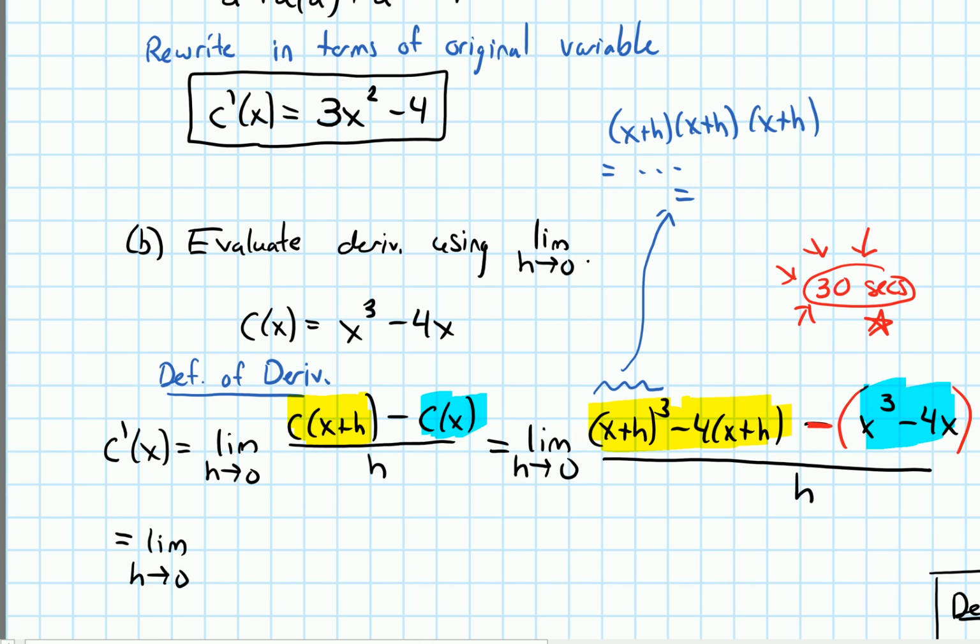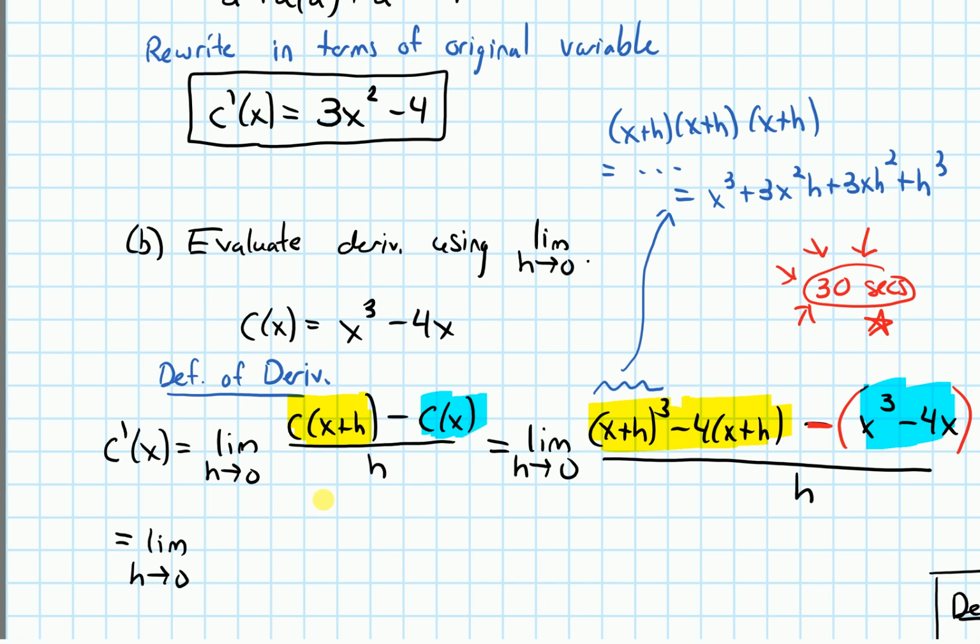So I'm skipping that step. But if we did that, it turns out we get x cubed plus 3x squared h plus 3xh squared plus h cubed. So I'd encourage you to actually multiply this out on your own and verify that for yourself. But after two steps basically of multiplication, we get that.